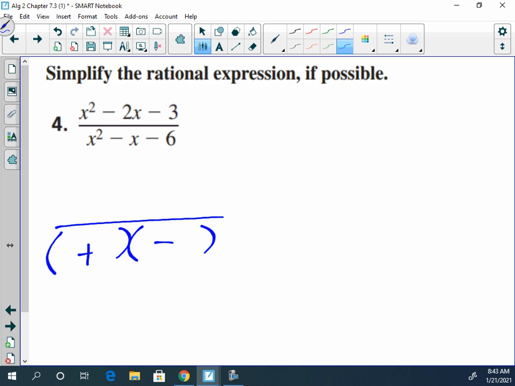Factors of the first term would be? X and X. So those are not too bad so far, right? Factors of 6 are 1 and 6 or 2 and 3. Which one do we want to try? 2 and 3.